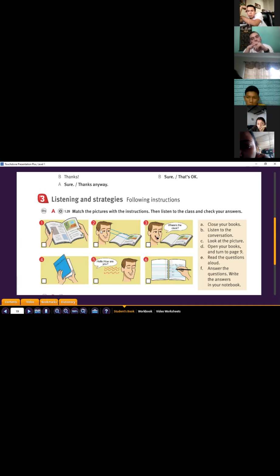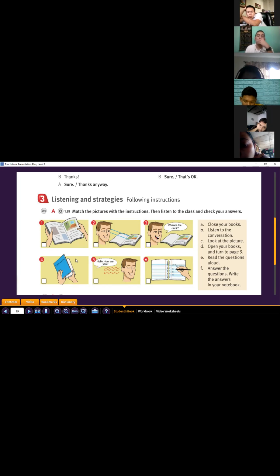Page es página, picture es imagen o fotografía. Picture number 1, exactly. En las dos imágenes el libro está en la página 9, pero si se fijan en la imagen número 3 hay una pregunta que él está haciendo, ¿verdad? Entonces por eso es nada más picture number 1. Good.